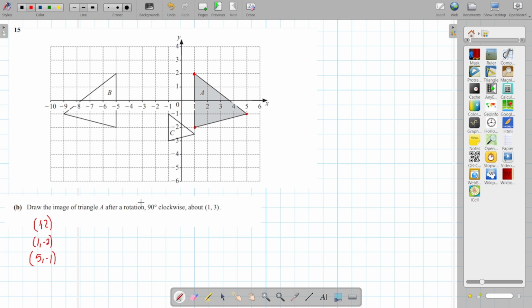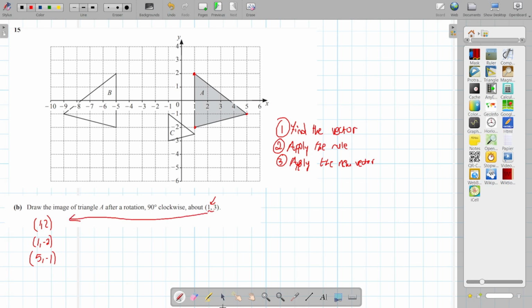When you're rotating around a center of rotation, you have three steps. The first step is to find the vector. The second step is apply the rule. Then apply the new vector. This will all make sense in a second. Find the vector. What does that mean? It means, what's the vector from 1, 3 to the point 1, 2?